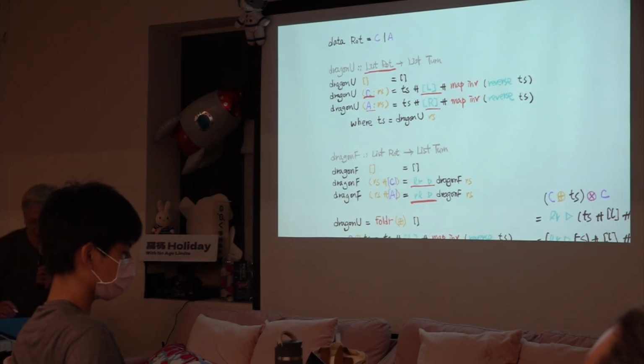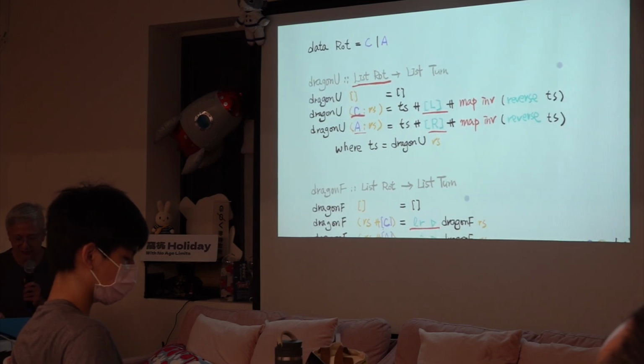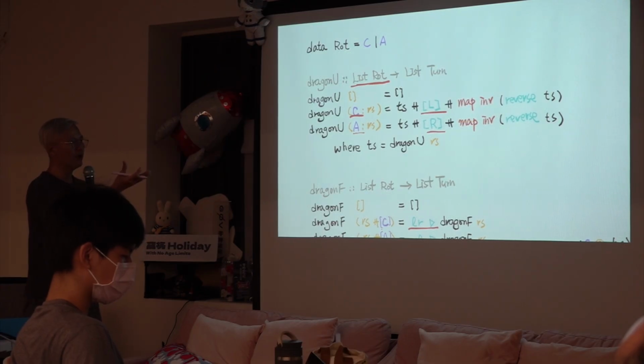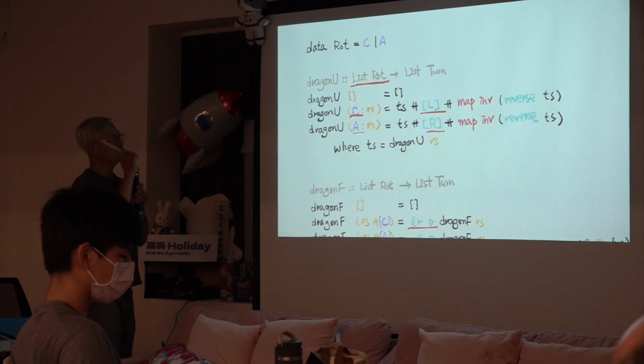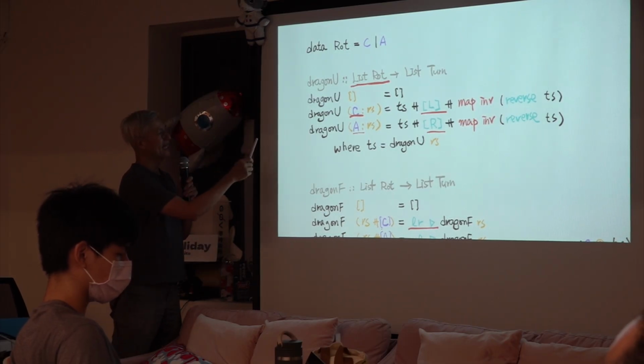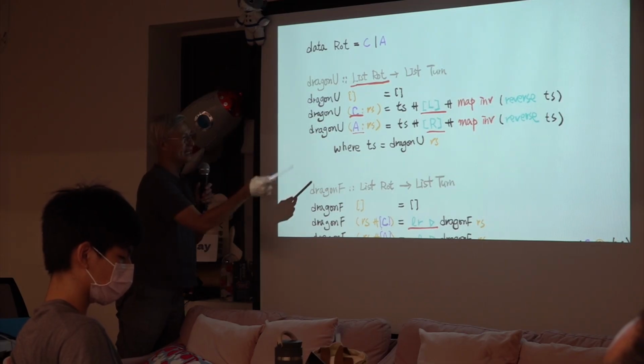But then it's a different amount of rotation. What is the thing that you have freedom over? You have freedom of rotating clockwise or anti-clockwise. The previous dragon U can be thought of as a special case where every instruction is C.